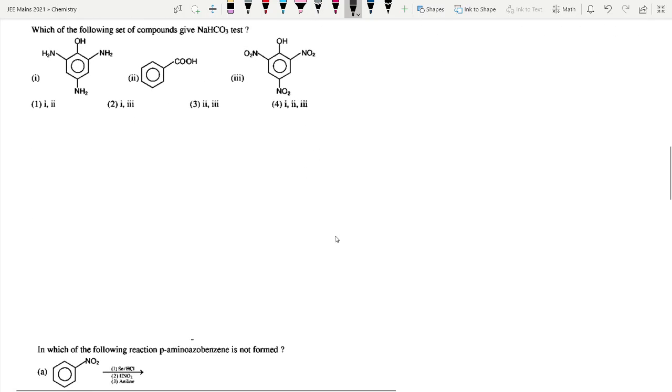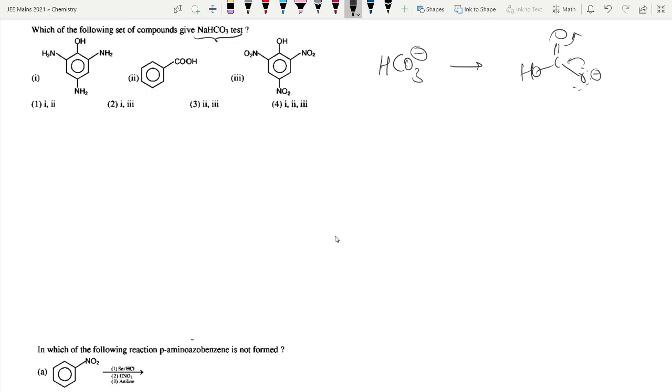Which of the following set of compounds give NaHCO3 test? Oh, this is an easy one. So in the NaHCO3 test you have HCO3 minus ion, the bicarbonate ion, something like this, O minus, and this minus charge is shared by 2 oxygen atoms, but this resonance here is not helping in maintaining the minus charge, but that's fine.